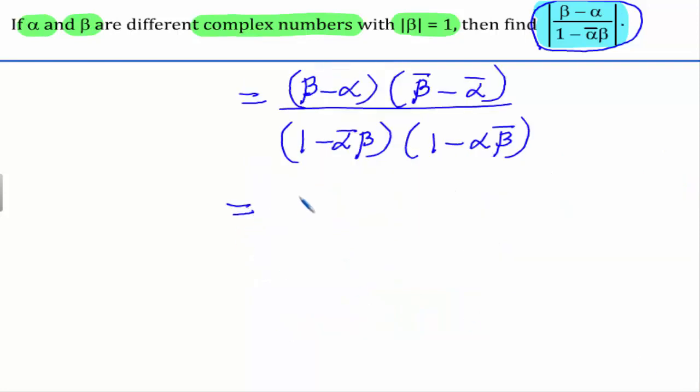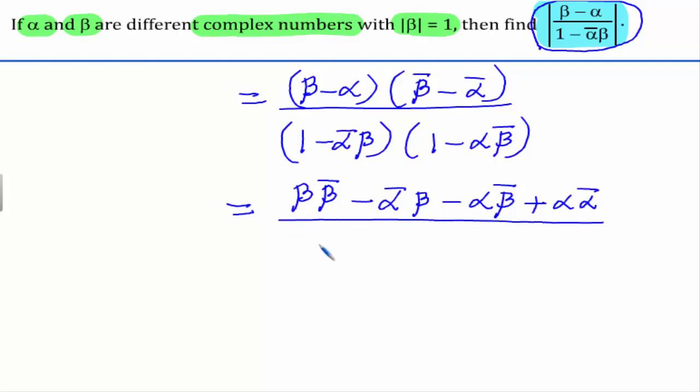This will be equal to β β conjugate − α conjugate β − α β conjugate + α α conjugate divided by 1 − α β conjugate − α conjugate β + α conjugate α β β conjugate.